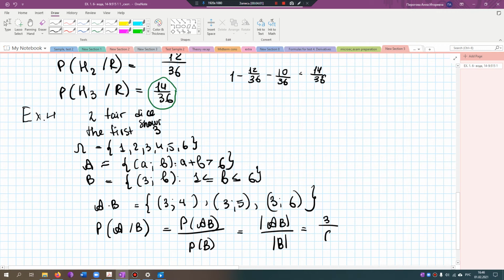So in total 6. So our probability will be equal to 1 divided by 2.